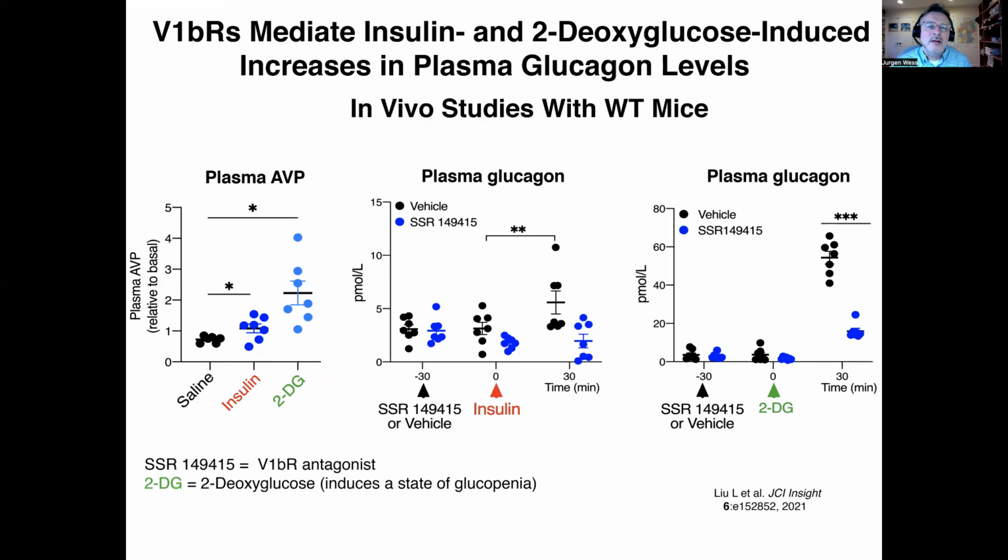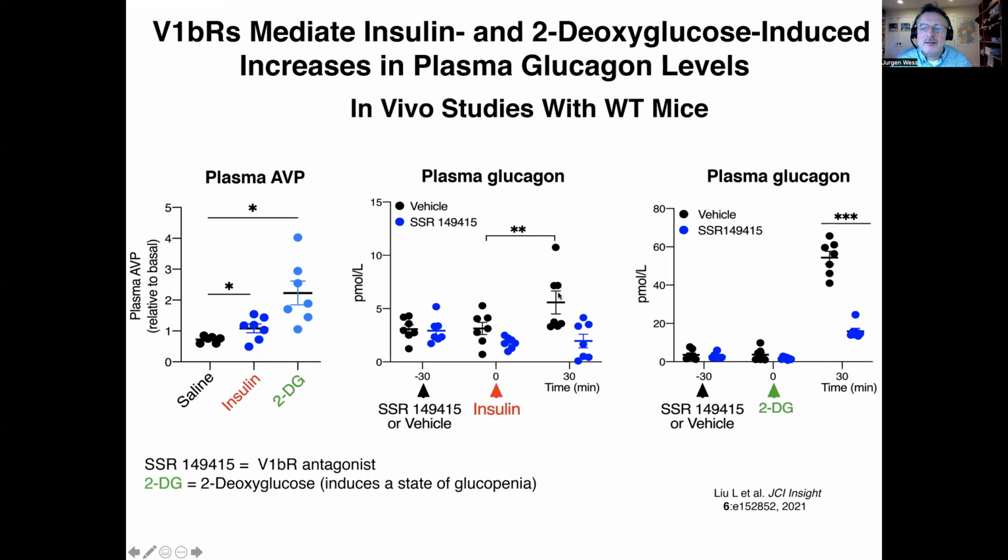In parallel, we also monitored plasma glucagon levels after insulin or 2-DG injection. We found that either compound led to a significant increase in plasma glucagon levels.